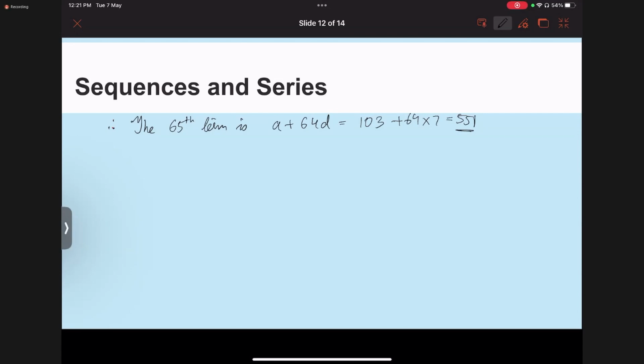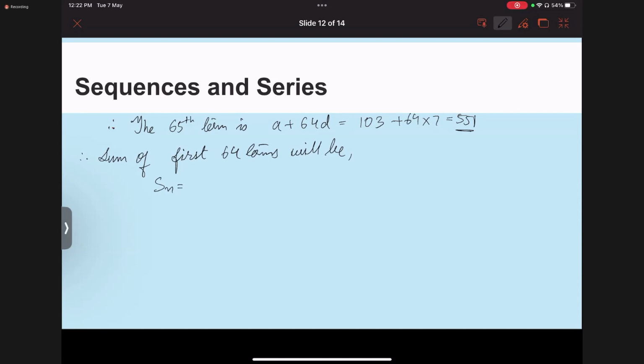Now we want to find the sum of the first terms of the AP, up to the 64th term. Because the 65th term is the middle term, up to the 64th term we will find the sum. So the sum of the first 64 terms, we will use the formula Sn is equal to n by 2 times (2a plus (n minus 1)d).